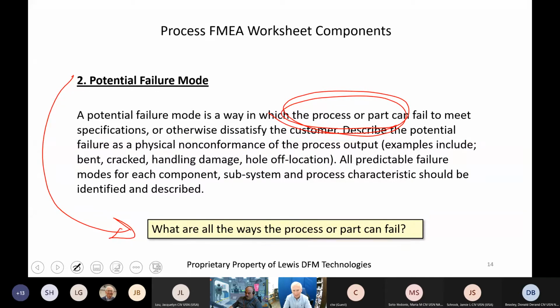So what we're looking at isn't just things that are directly related to processes, but that are also directly related to the function of the part. If we do something that is going to affect the final part function and performance, we need to know it, and we need to know it now, because we may be doing something in that part process that's causing it to fail.